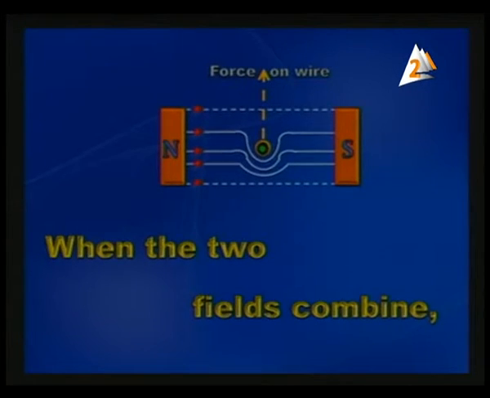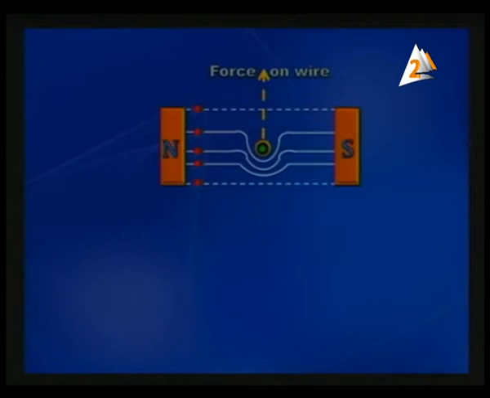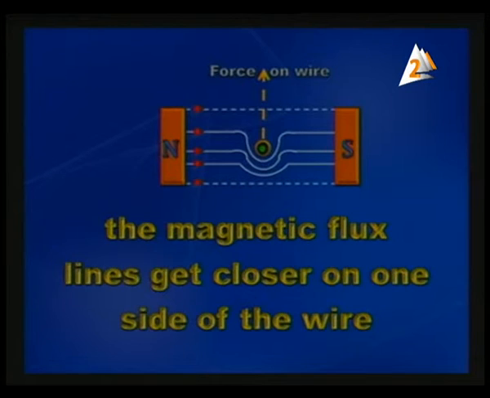When the two fields combine and interact, the magnetic flux lines get closer on one side of the wire. It means density increases.